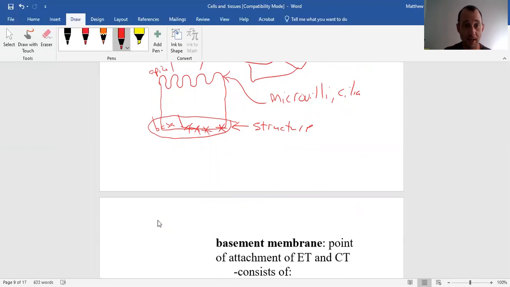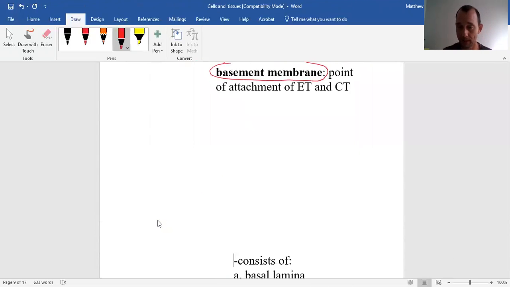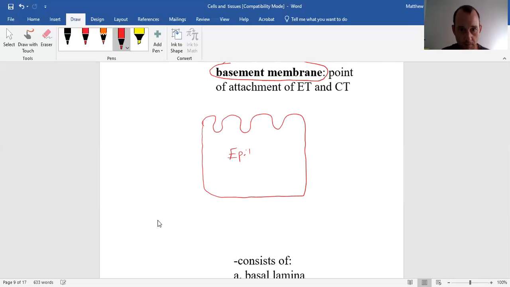So the basal side of the cell always has a basement membrane, and it is connecting or attaching your epithelial tissue to a connective tissue. So let's look at what that means. All right, so I can say right here, I have an epithelial cell.